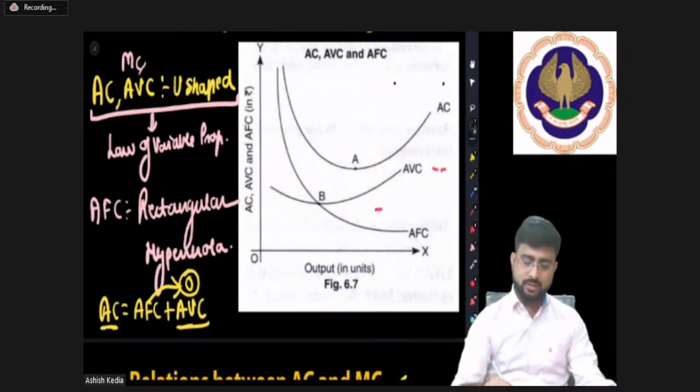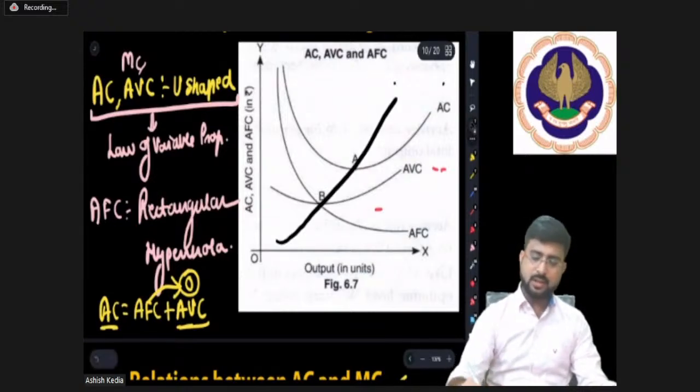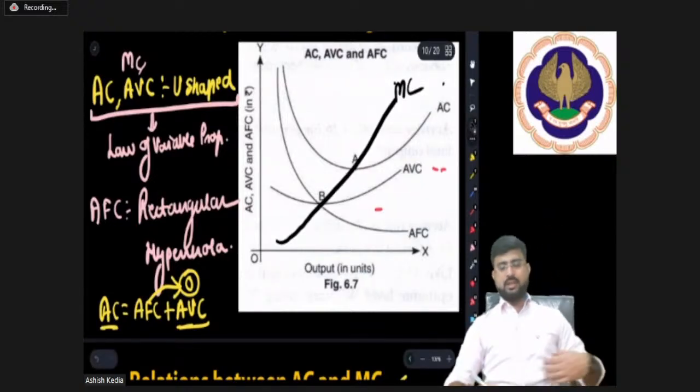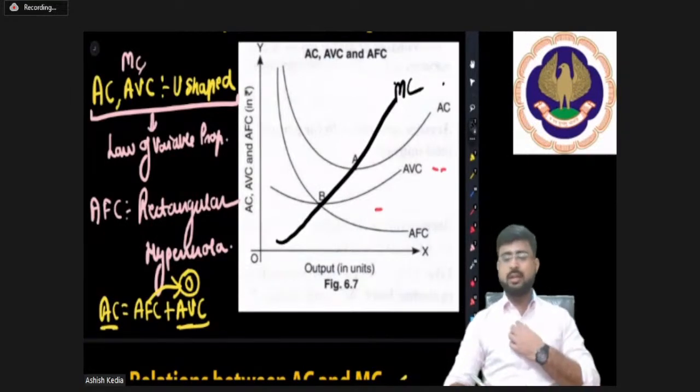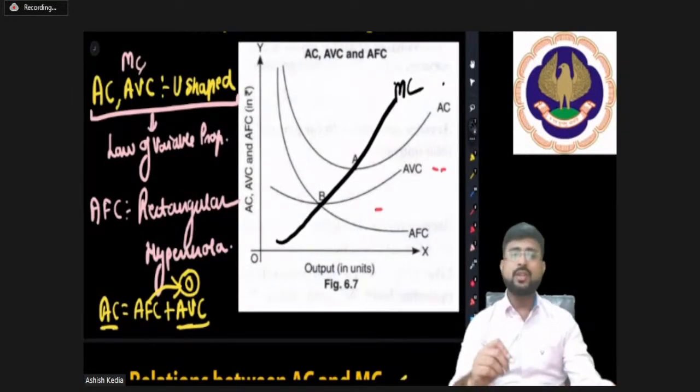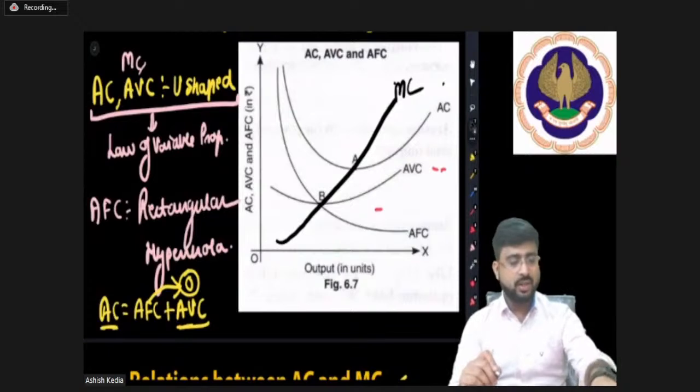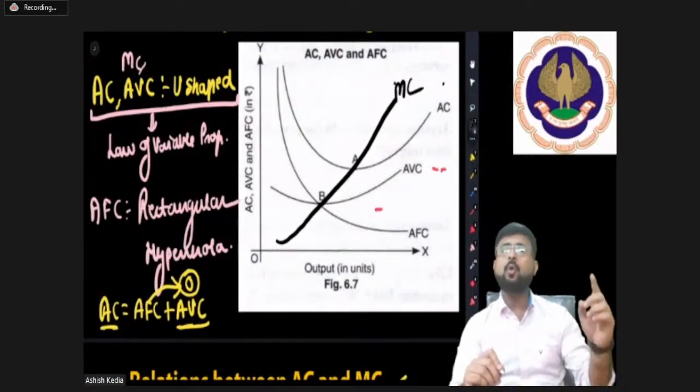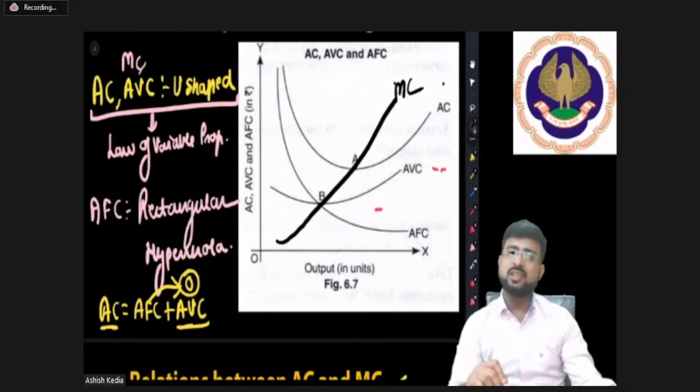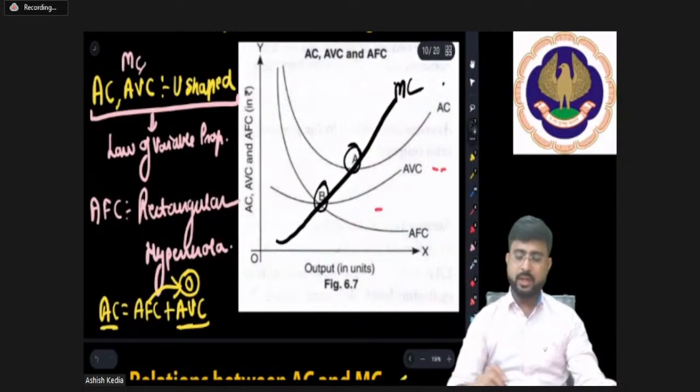So have a look, guys. Here is the MC curve. Can you see it? What I'm trying to tell you here is that the approach is very simple: since MC intersects both at their minimum points, the AVC's minimum point comes before AC.